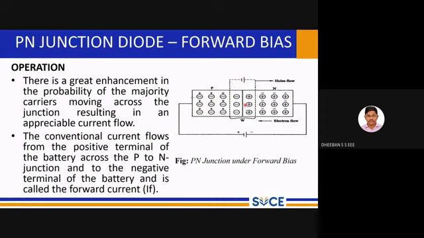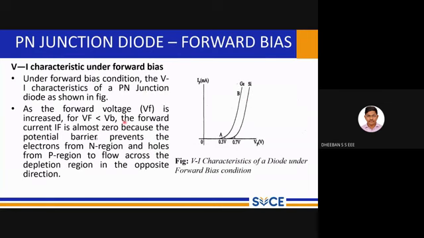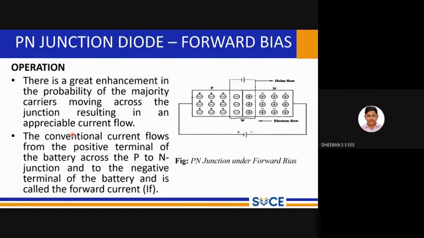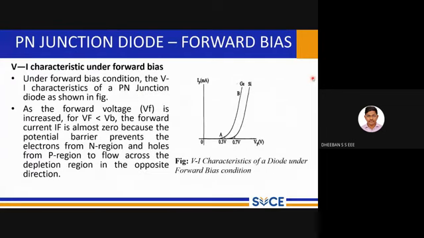So the forward current IF, flowing from P to N, will be 0, because the depletion layer exists.